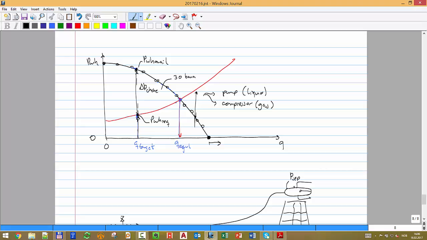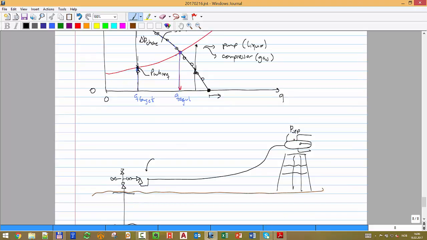So if we want to produce that particular rate, we have to put another element. A choke is cheap, we have it in every well. But we have to change that element and put a pump or a compressor. Actually the symbol of the compressor is like that. And that costs money.